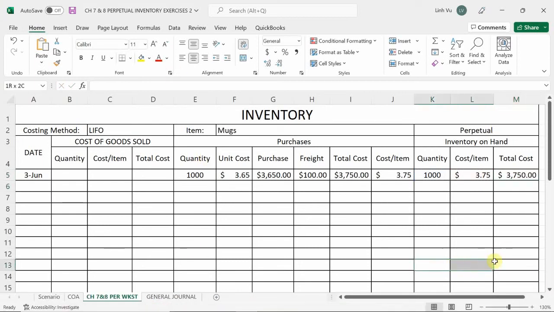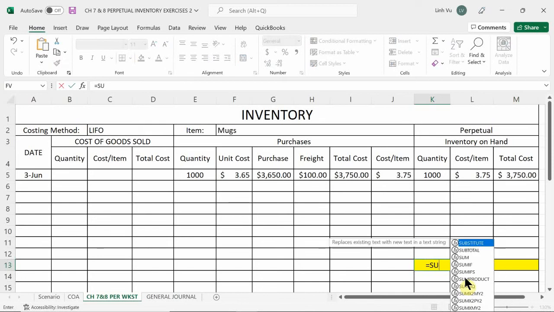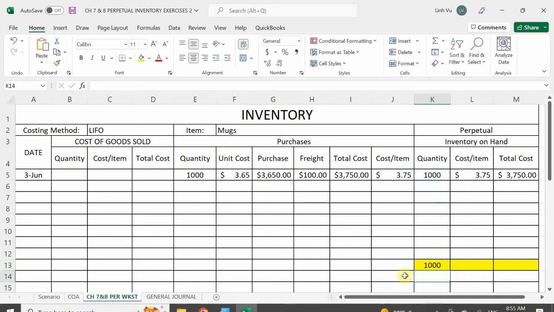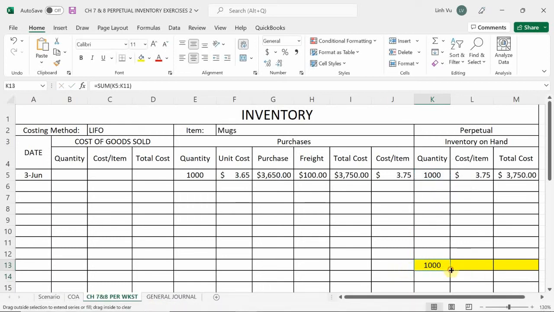I'm also going to put in my totals here so I know how many items I have on hand at all times. Right now I currently have 1,000 items at a grand total of $3,750.